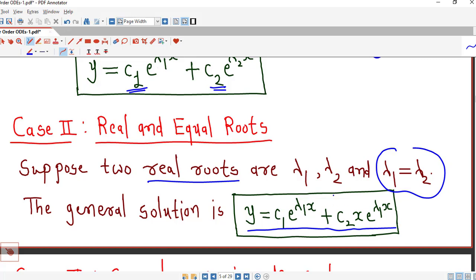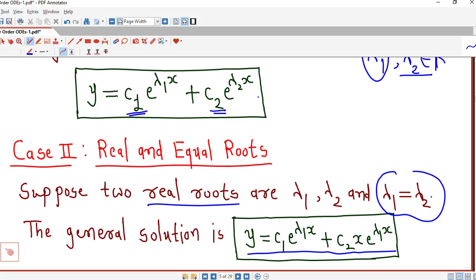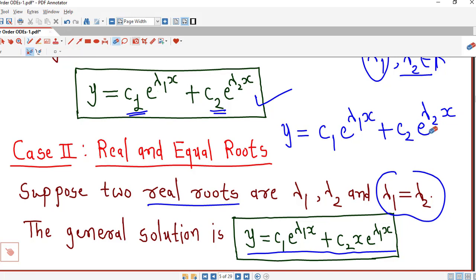So what is the difference between these two solutions? Here we are considering e raised to lambda 1x, here e raised to lambda 2x. So suppose we write as in case 1, then we would have written y equal to c1 e raised to lambda 1x plus c2 e raised to lambda 2x. But lambda 2 and lambda 1 are equal here, so I write lambda 2 equal to lambda 1.